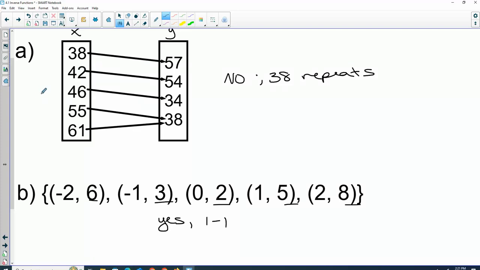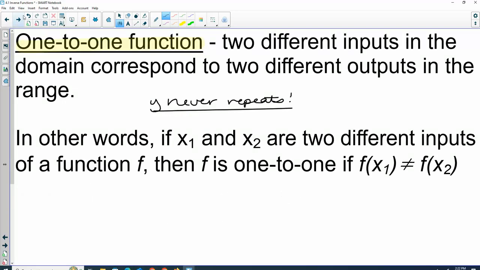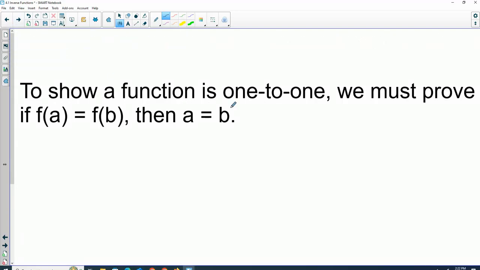Okay, to decide if something is one-to-one from the equation, it's actually a little bit more work. When we were trying to decide if equations were functions or not, we were basically looking to see if the x would repeat. If it's one-to-one, the y can't repeat. So what we do is assume that two y values are the same.